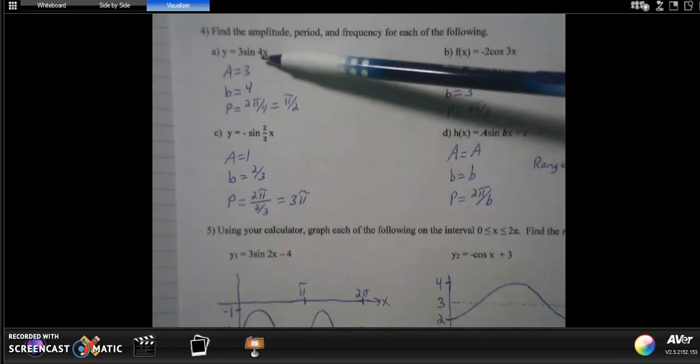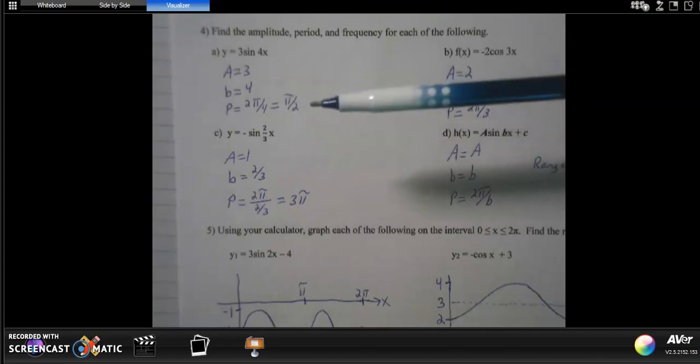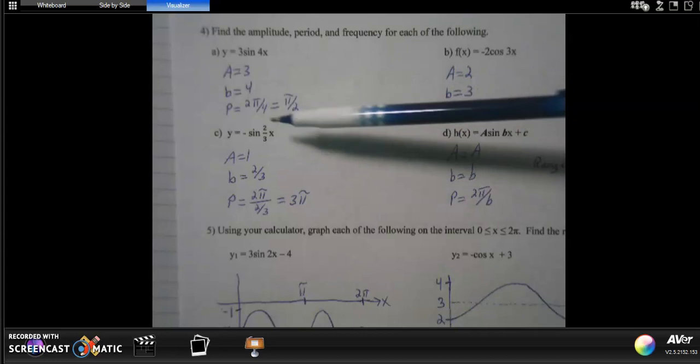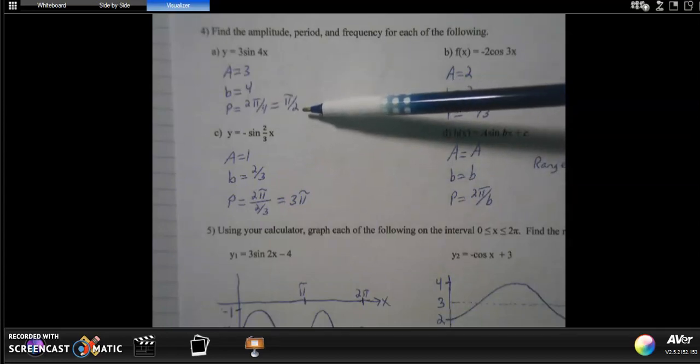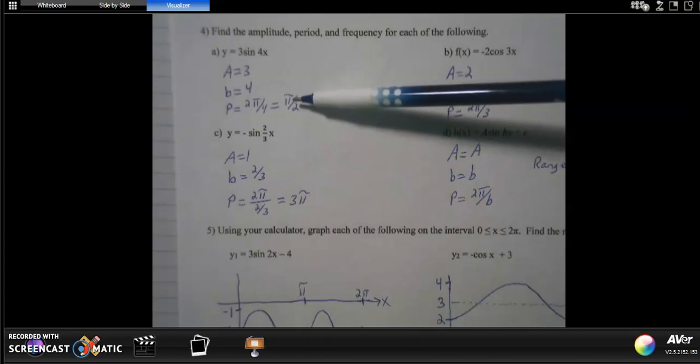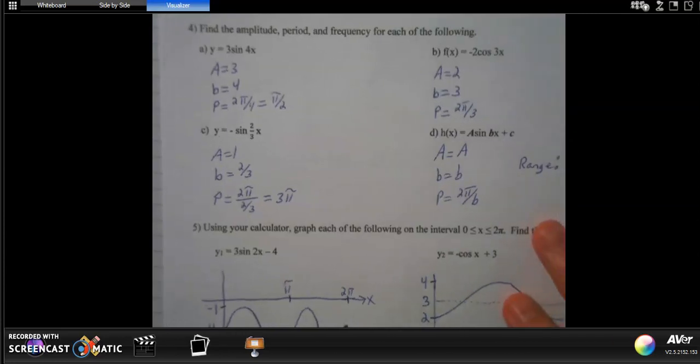So in part A, the frequency is 4, which means if you go from 0 to 2 pi radians, you're going to see 4 complete sine waves in that interval. And then the period, 2 pi over b, so 2 pi over 4, which is pi over 2. That tells you there's one full sine cycle in pi over 2 radians. The others are similar to that.